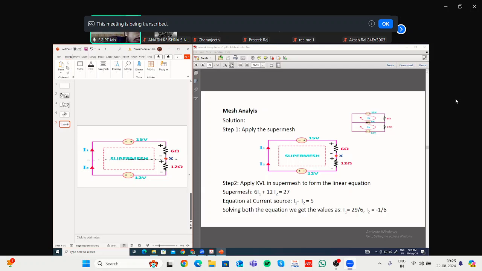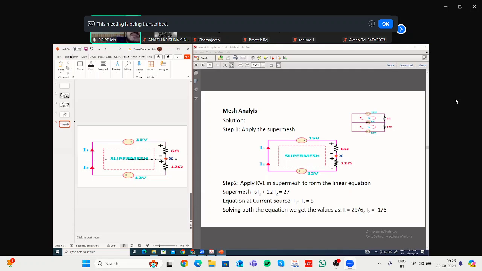Why? Because for applying KVL, the same concept applies. You have to go in clockwise direction. Let us say you start with this, then you will go to this 6 ohm, then you will go to this 12 ohm, then it's 12 volt. In this way, you will go on. Whenever you consider an element, you consider the current flowing through that element.